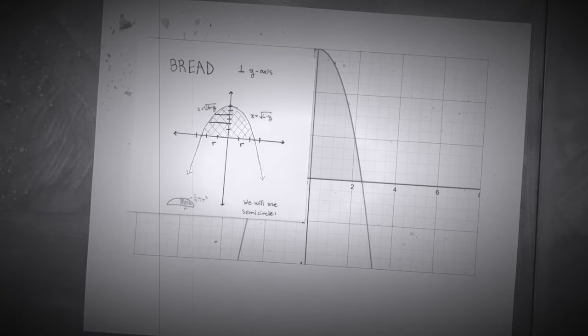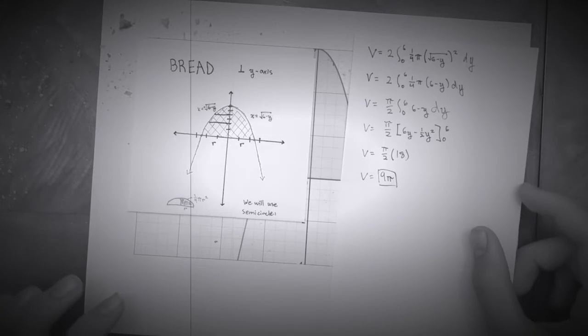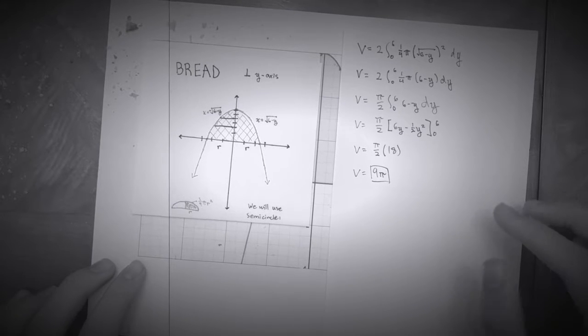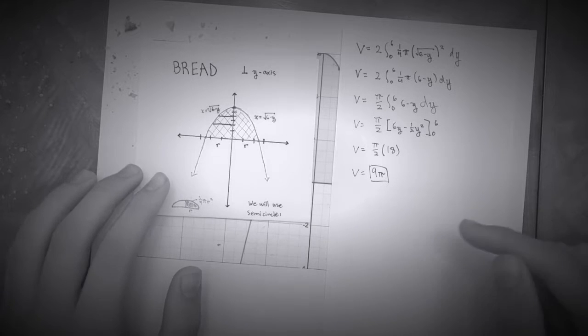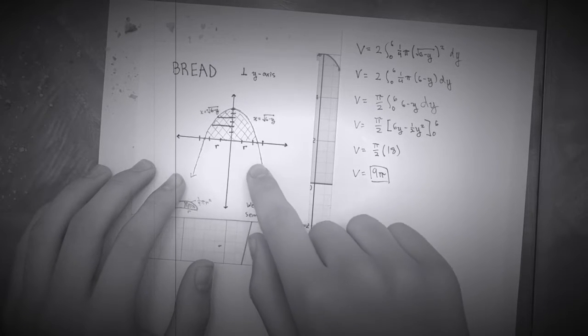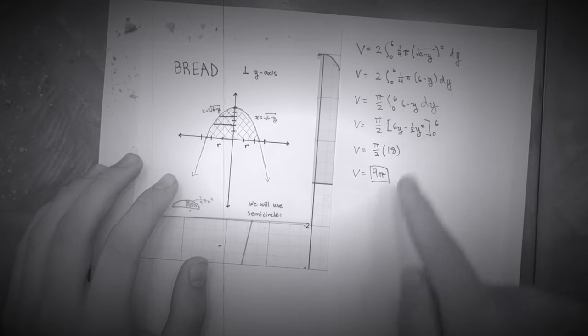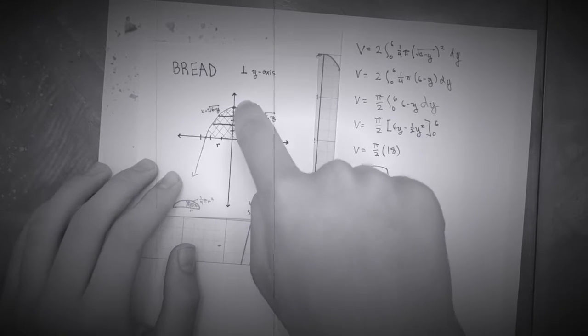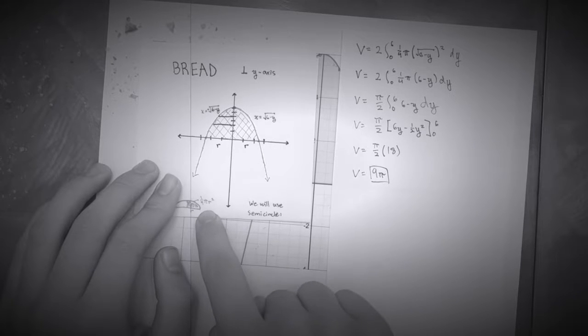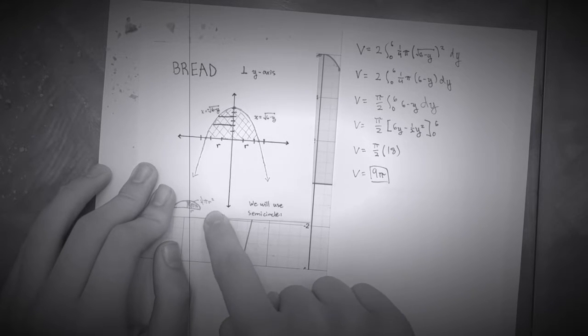So we can actually calculate the volume from this function. And here's some of that equation. We're going to take the cumulative of those areas between 0 and 6, where the area is equal to 1/4 pi times r squared.